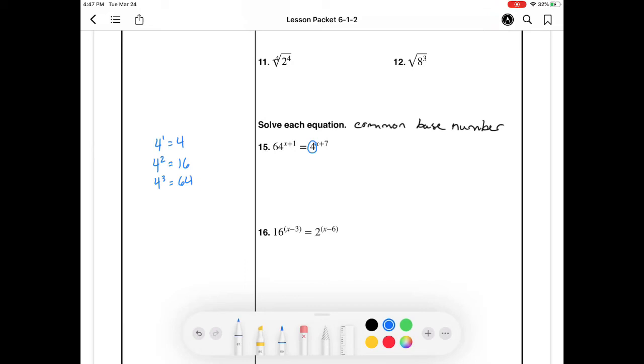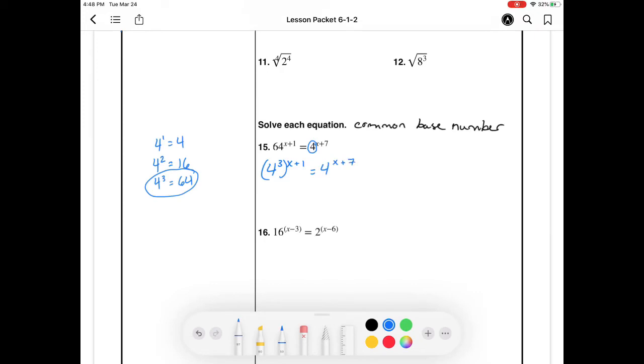So to get our common base of 4, we can plug 4 to the third power in place of 64. So we have 4 to the third power to the x plus 1 power is equal to 4 to the x plus 7 power.